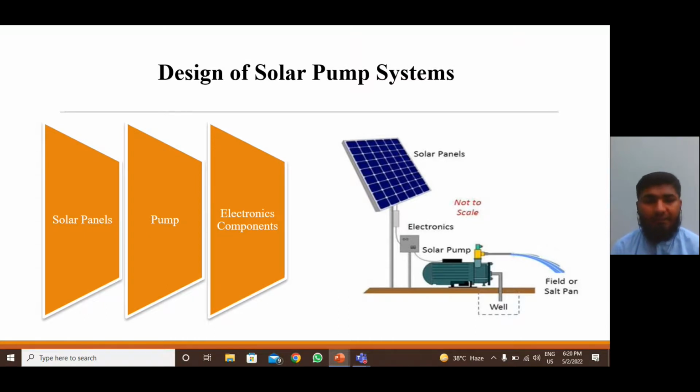The next component is the pump. Same like the solar plate, the pump also depends upon the needs and application required. A submersible pump may be used where there is a need to extract water from rivers, ponds, and lakes. It has more efficiency as compared to a non-submersible pump because it doesn't need to extract water from deep surfaces.